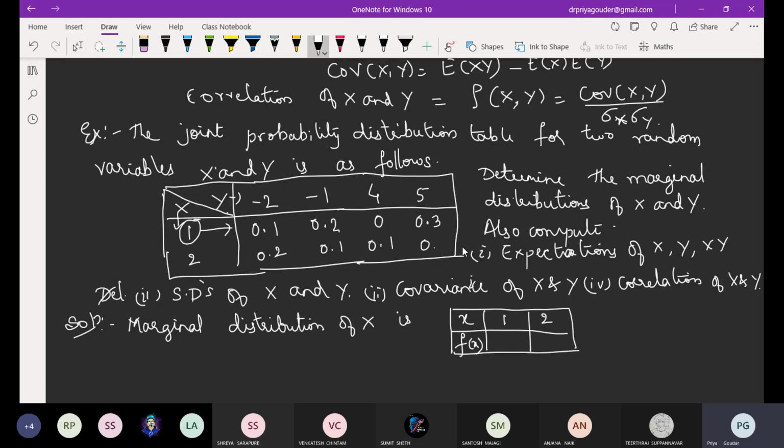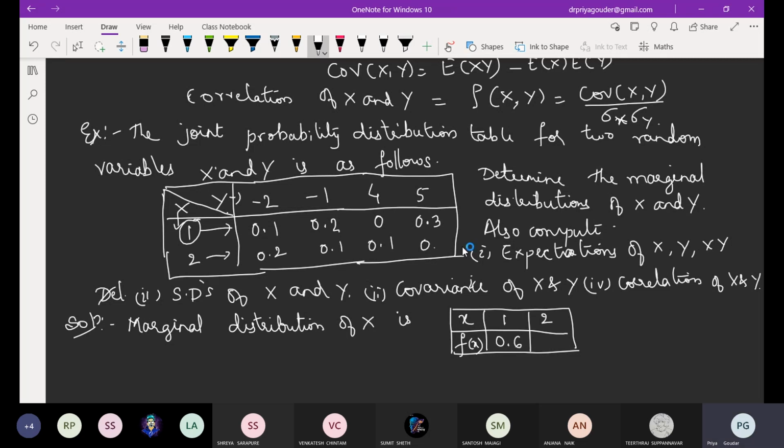Add all those values in the row and that is f of 1. Are you getting it? Corresponding to 1 you have 0.1 plus 0.2 plus 0 plus 0.3, which is 0.6. So this should be written with respect to 1.